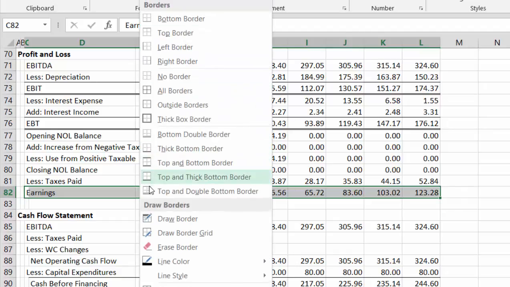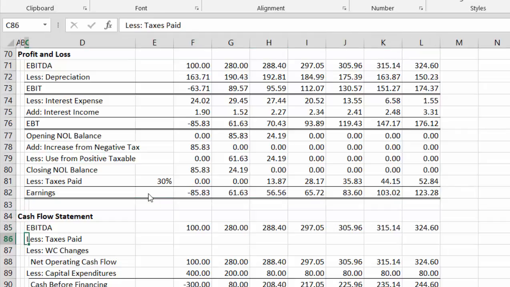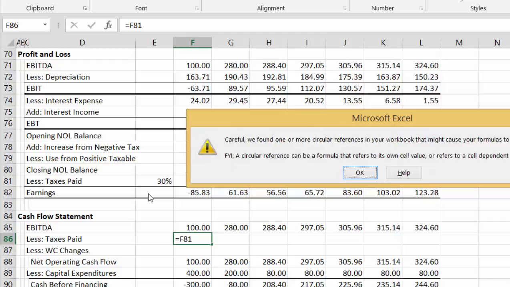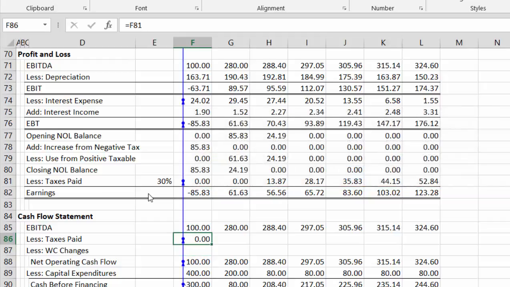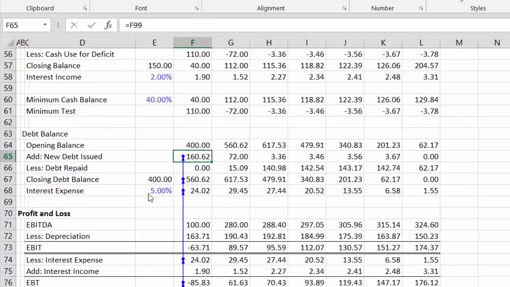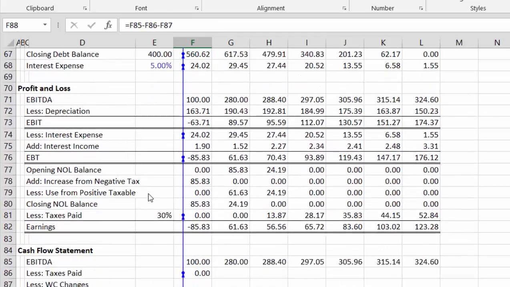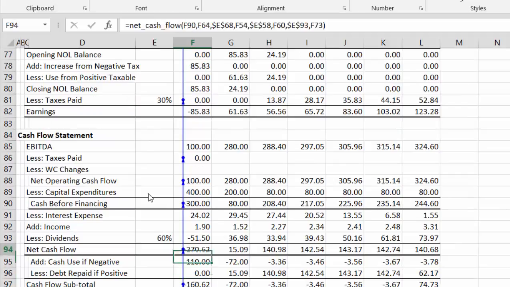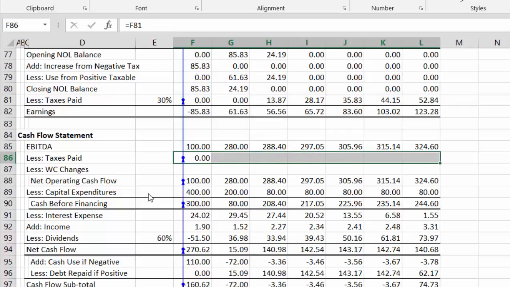Okay, and now let's put the taxes paid down here in the cash flow statement. Just a minute. Make that issue. And I think it's because we started with the cash flow before financing. So our circular reference thing didn't work.